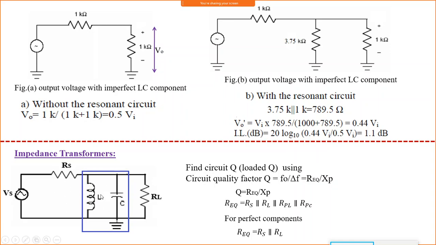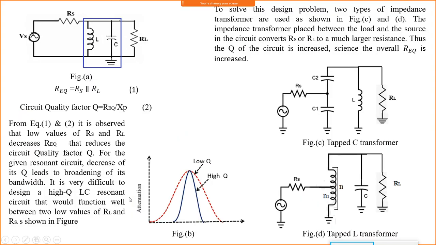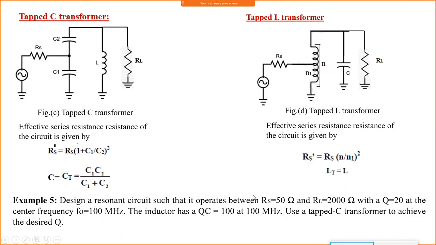The basic concept is just splitting this L and C while retaining the values of L and C that you designed for that particular frequency, only splitting the value of L and C. By doing that, the net input resistance, that is the source resistance, changes. So you can increase the quality factor of that network.